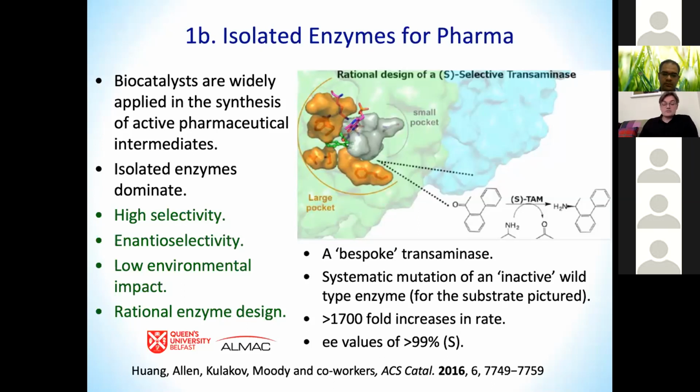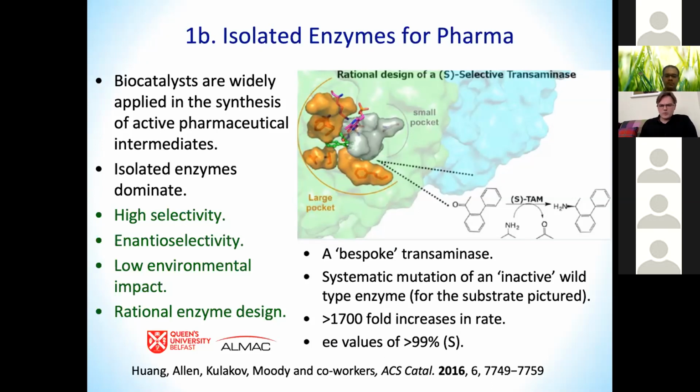Now that obviously was limited in scope, and now the chemistry and biology have developed to such an extent that you can start with a wild type enzyme, and then you can mutate it into something which works much better than the wild enzyme.